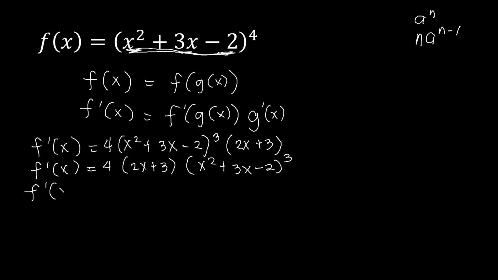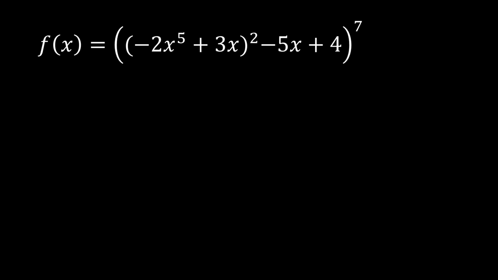Simplifying that further, we have now 4 times 2x, that's 8x. 4 times 3, that's 12. We enclose this in parentheses because we have another factor, which is x squared plus 3x minus 2, the entire thing raised to the power of 3. That will be our final answer.